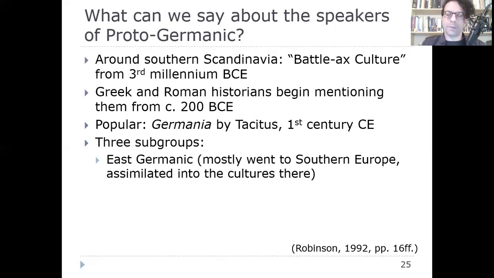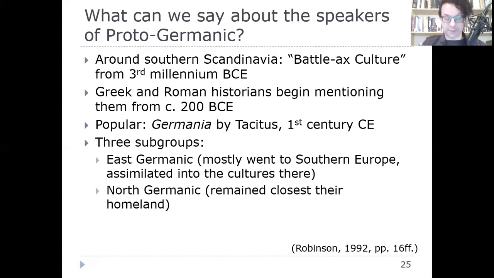Yes, then returning to the language right now, we can say that Germanic has 3 sub-branches. I already named them a few times. East Germanic, the speakers of East Germanic mostly went on to Southern Europe and assimilated into the cultures there. So there's no East Germanic language that survives today. We have North Germanic languages.